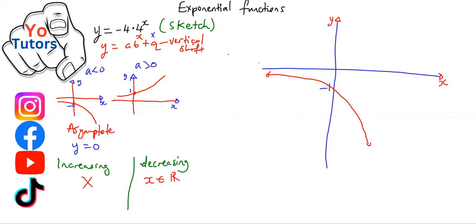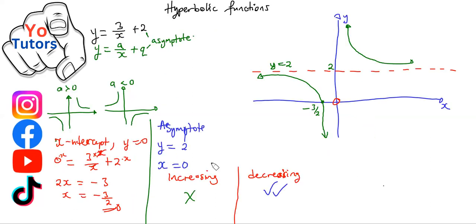And just a quick check on the previous class where we had a quadratic, parabolic function: on the decreasing, we look at x less than 0, or we just say x is an element of real numbers but x cannot be equal to 0. That's where it's decreasing.